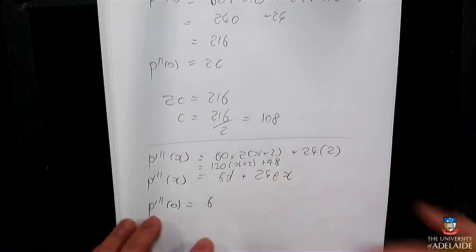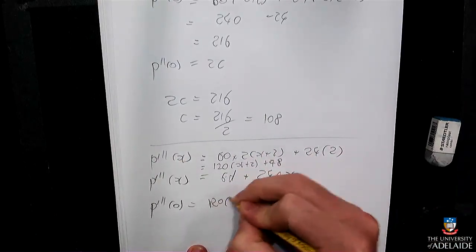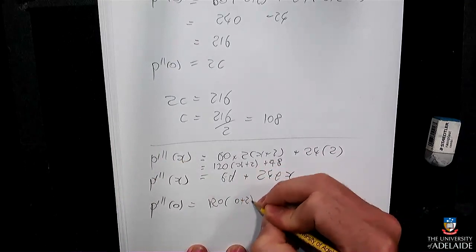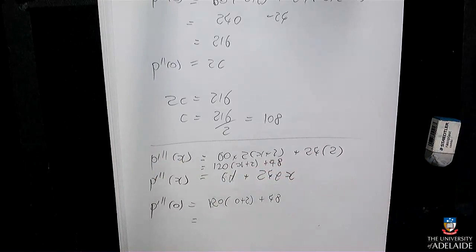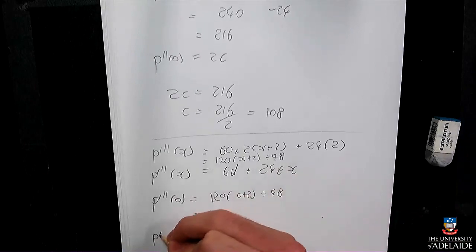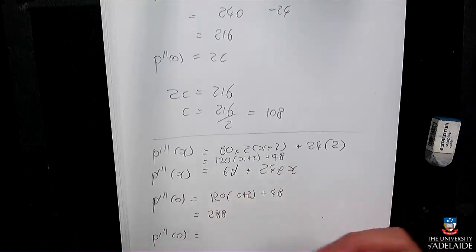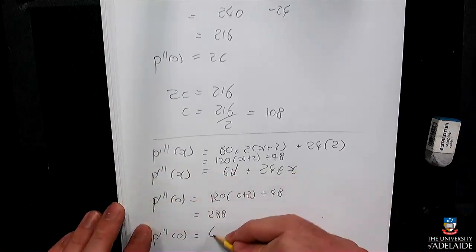So what have we got? We've got 120 times (0 + 2) plus 48. So 120 times 2 would be 240, plus another 48, 288. And p triple dash 0 is 6d.